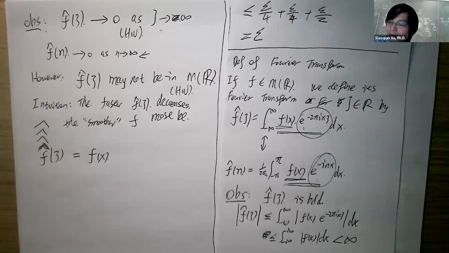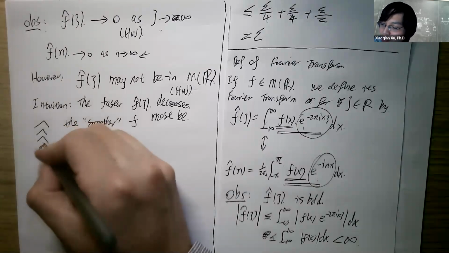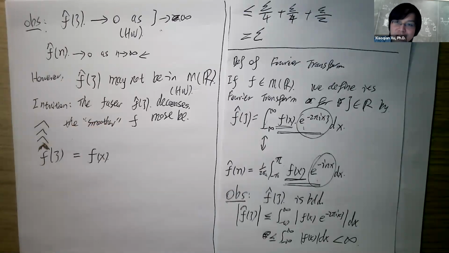So which means if you want to recover your function by the Fourier transform of your function, which is something we really want, right? Because if we only know what the Fourier transform of the function looks like, we don't really know what the function looks like.